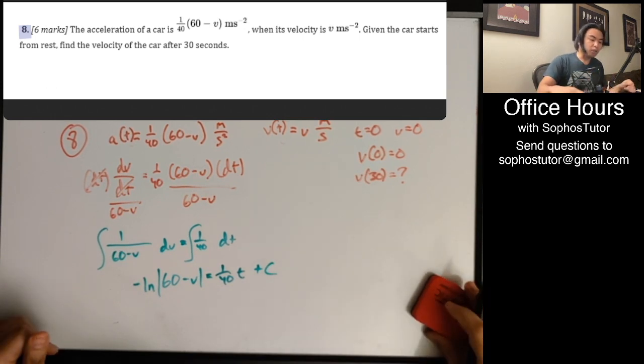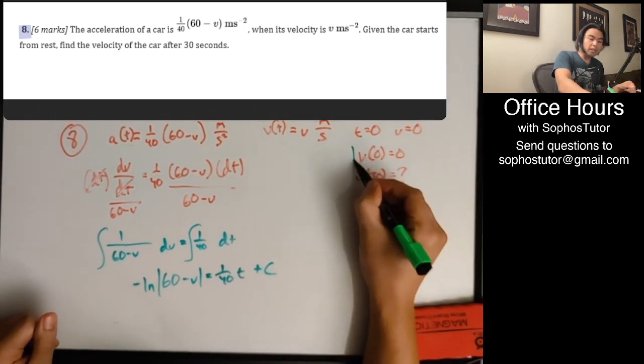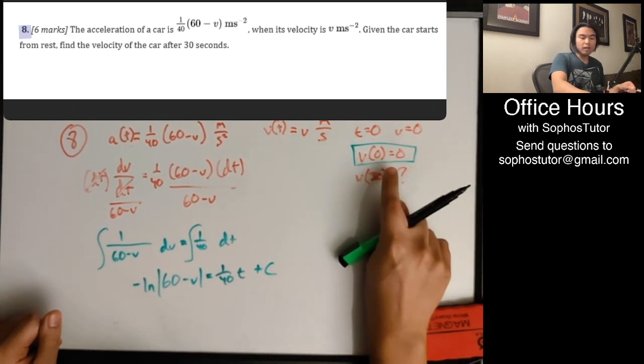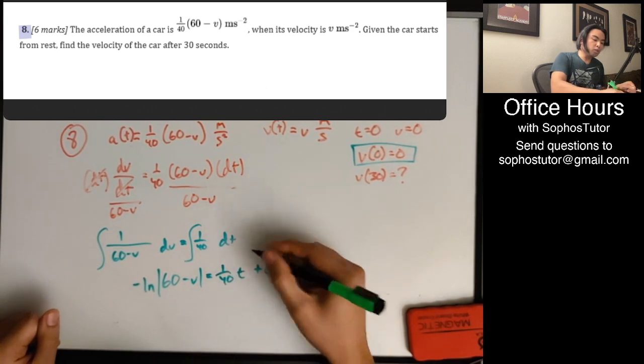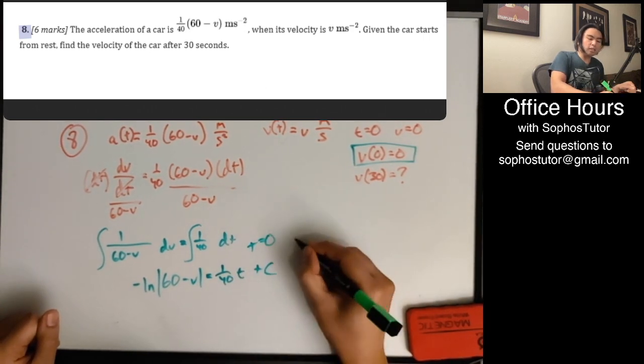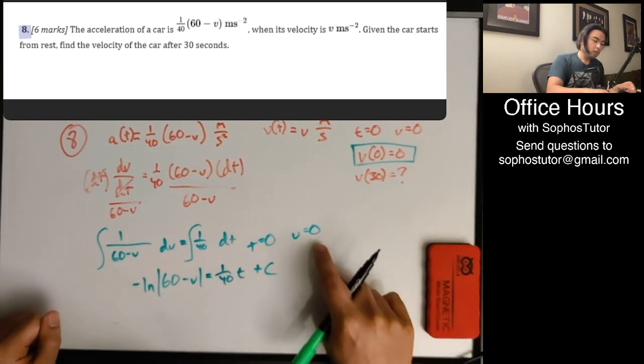Now, how do we figure out this constant? Well, remember, we still have this piece of information that when t is equal to 0, v is equal to 0. So what we're going to do is substitute t equals 0 and v equals 0 into this equation, and we can solve for c.